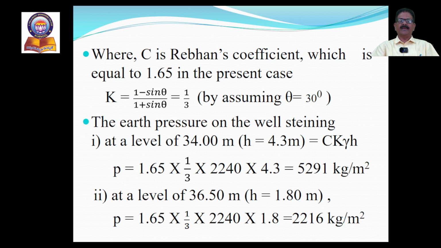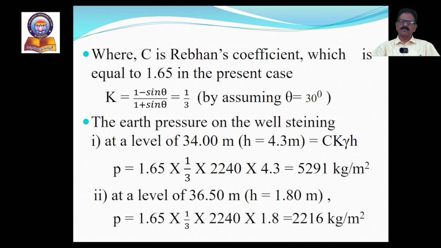Whereas the other constant K is known to you. K is equal to, as per Rankine's formula, (1 minus sin theta) by (1 plus sin theta), where theta is the angle of repose or internal friction. It depends on the type of soil. For most soils, we are going to assume theta as 30 degrees.